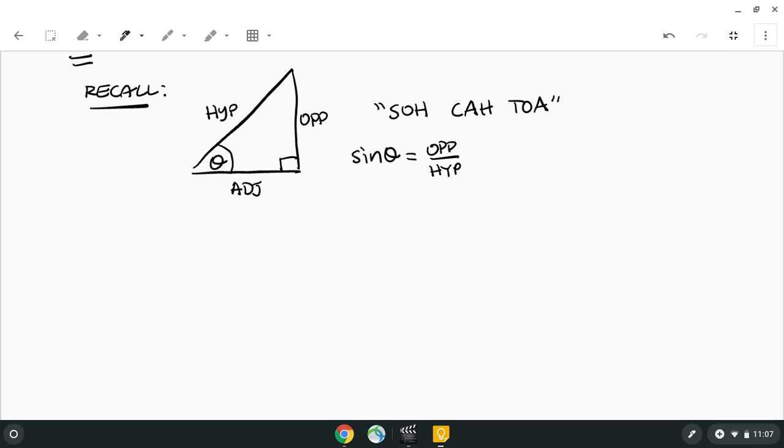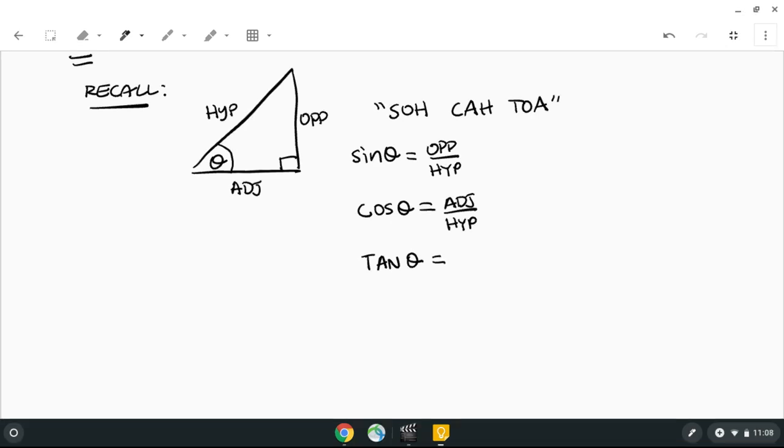C for cosine. According to CAH, that would be the ratio of the adjacent side to the hypotenuse. And tangent of theta would be TOA, so opposite over adjacent.